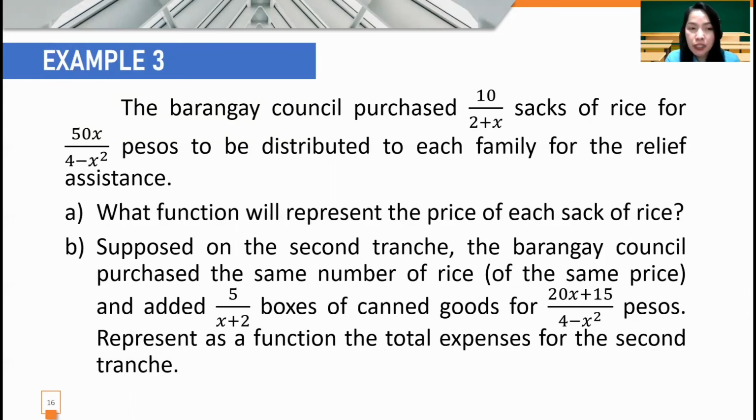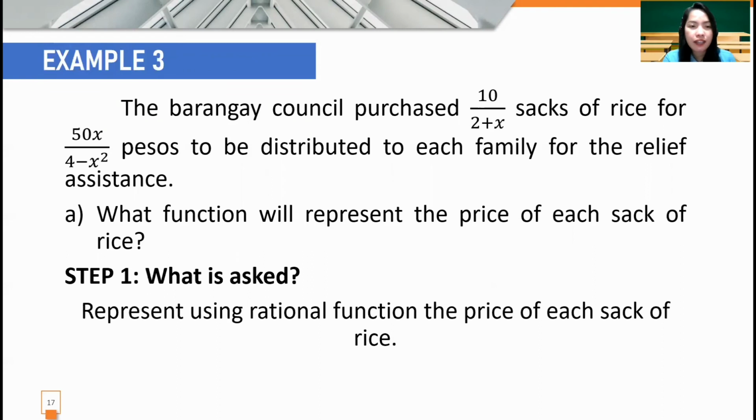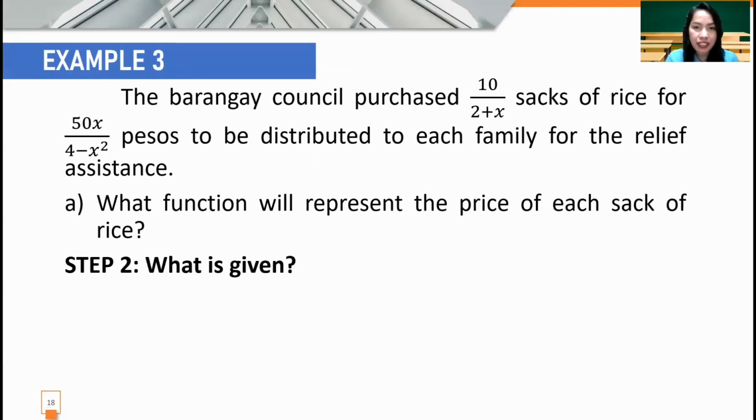So, ang unahin na muna nating sagutan ay yung letter A. Step 1, what is asked? From here, in this question, we have to represent using rational function the price of each sack of rice. For step number 2, what is given?